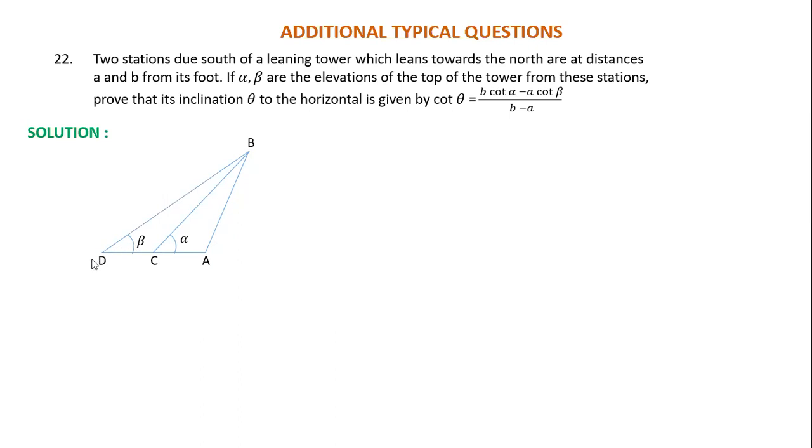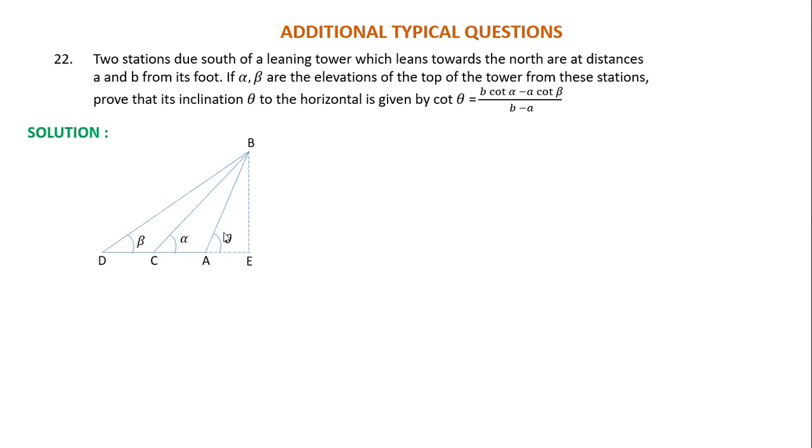From D, the angle is beta. And this is a vertical line from the top of the tower, and this is E. And this angle here is theta.